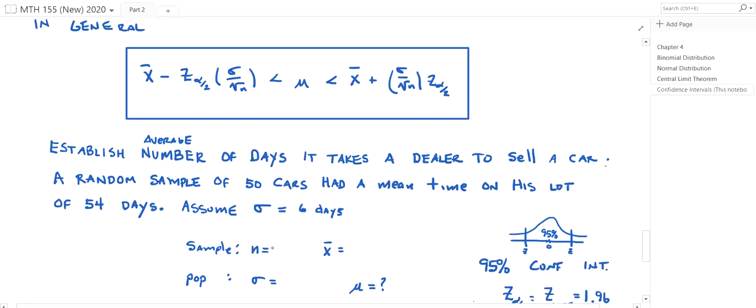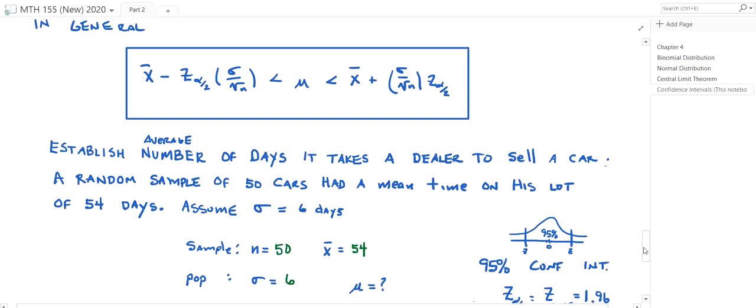So n, our sample size, is going to be 50 cars. And our sample's average was 54 days. The standard deviation was a population value. It had a value of 6. And the population mean we don't know.